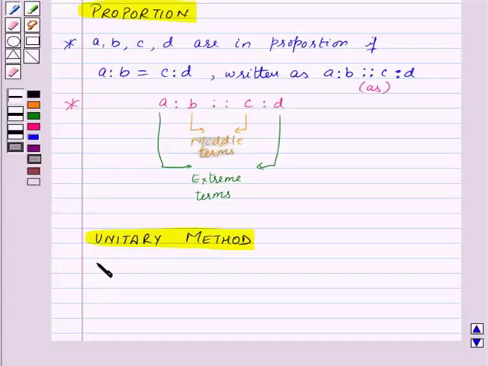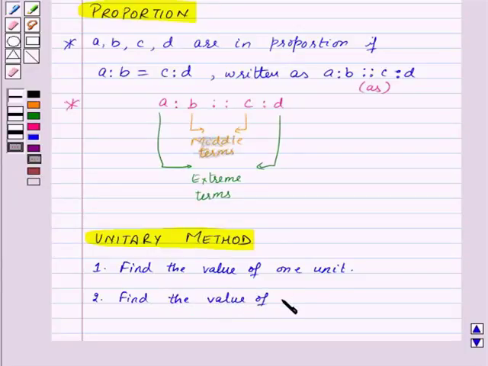In this method, we first find out the value of 1 unit and then we find the value of required number of units.